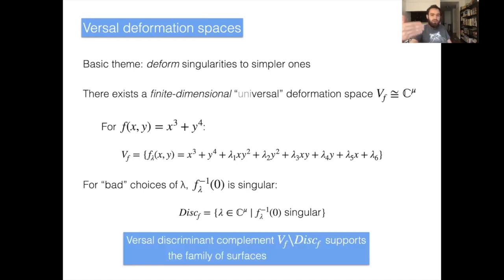Once we've deleted this discriminant, we have a nice family of smooth Riemann surfaces, where the fiber over lambda is the level set f_lambda inverse of 0. And so this is our universal family of surfaces attached to a plane curve singularity.